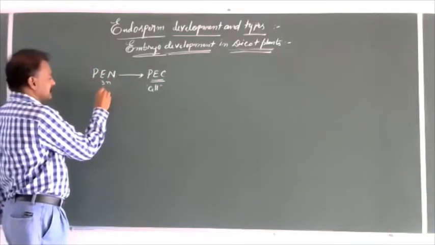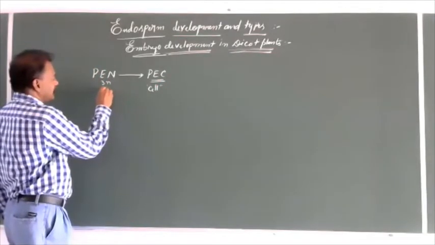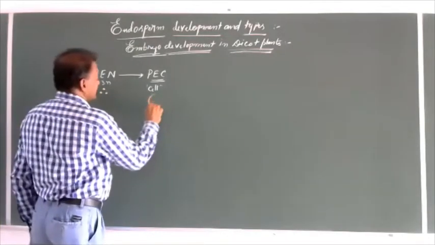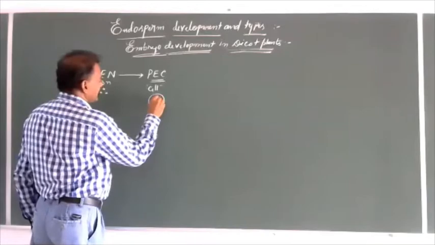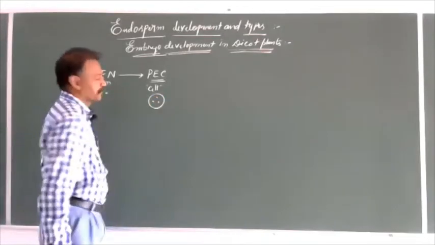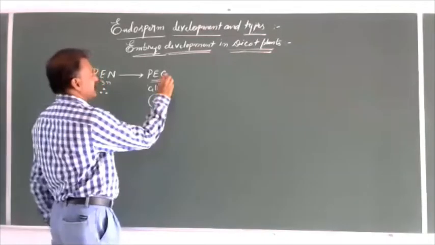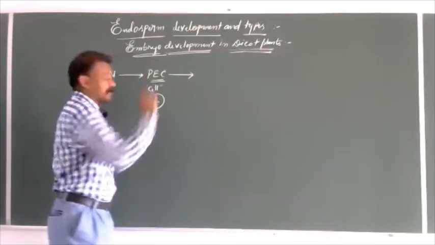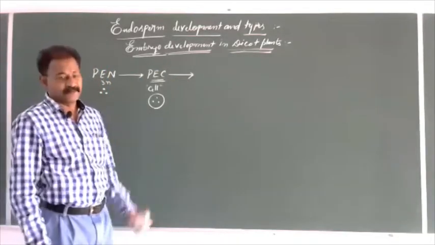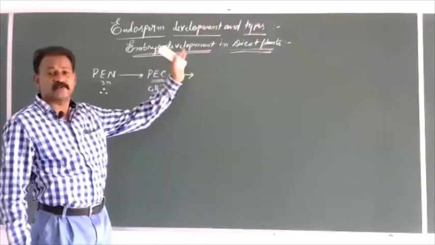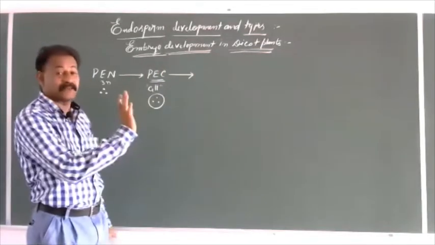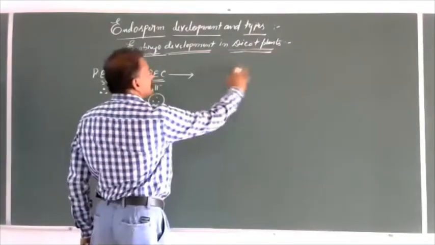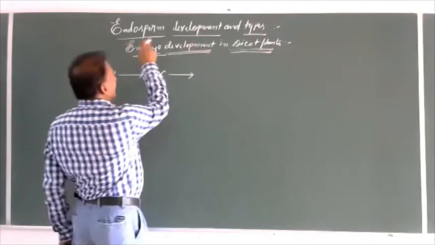Endosperm nucleus, triploid, becomes endosperm cell with a triploid nucleus. This primary endosperm cell is going to divide further. In various ways it is going to divide. So based upon the mode of its formation, to form tissues, all these tissues are called endosperm.